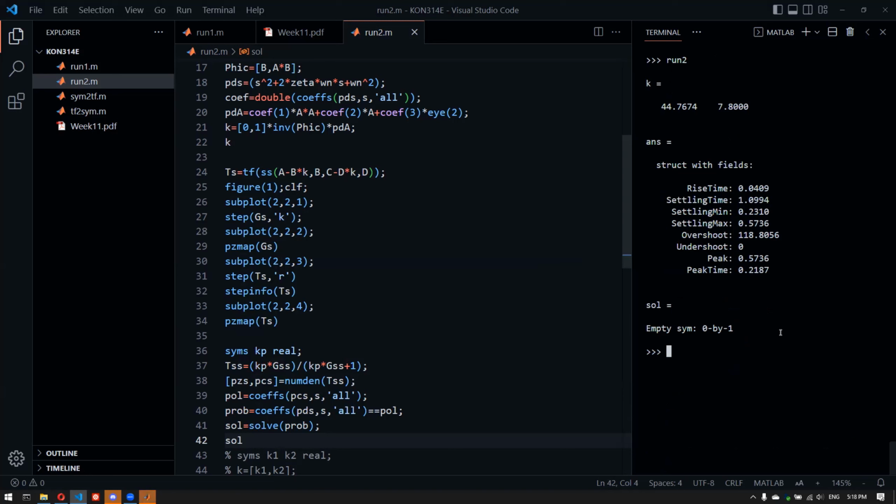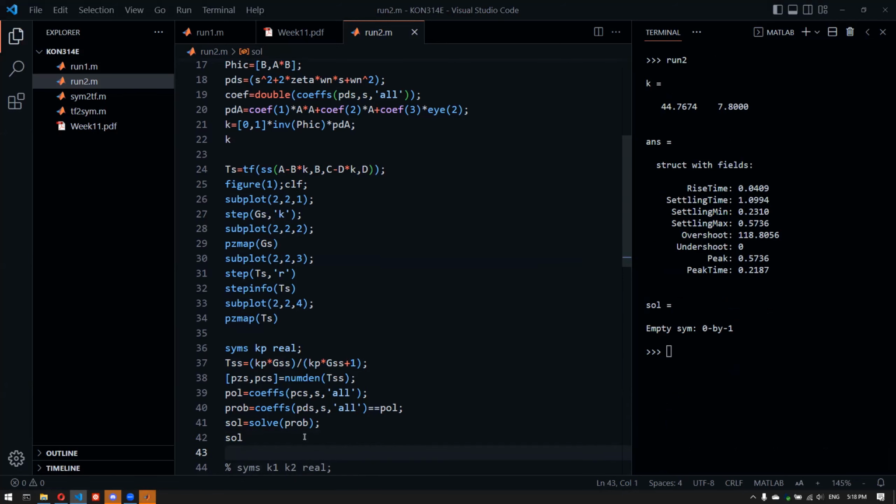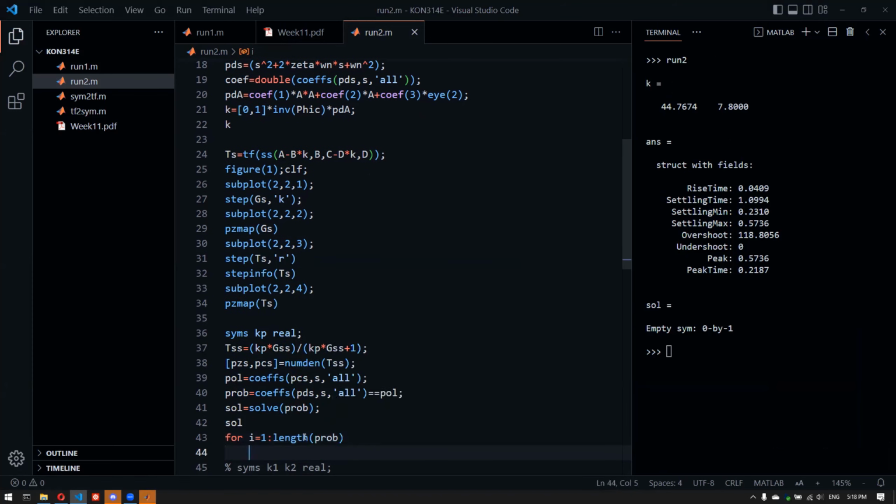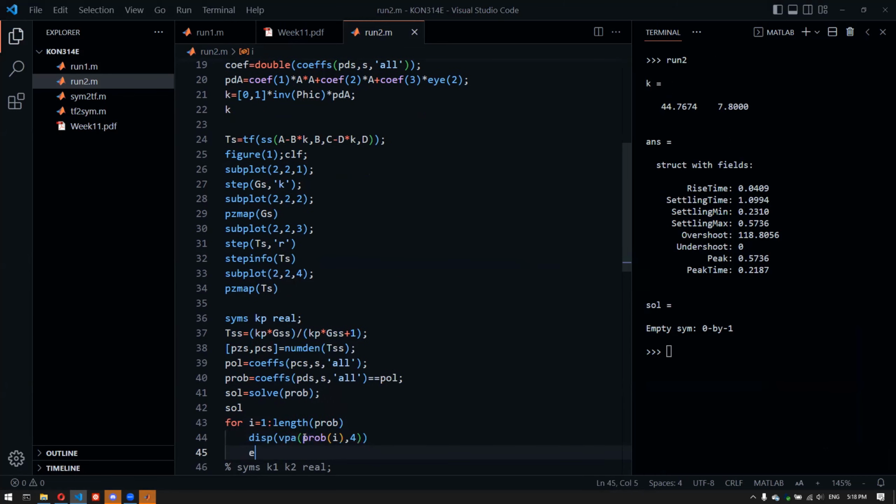So you can see we couldn't solve it. And what could be the reason there? Let's see. For i equals 1 to length of problem here, I'm going to display vpa of problem i, comma 4, and end.